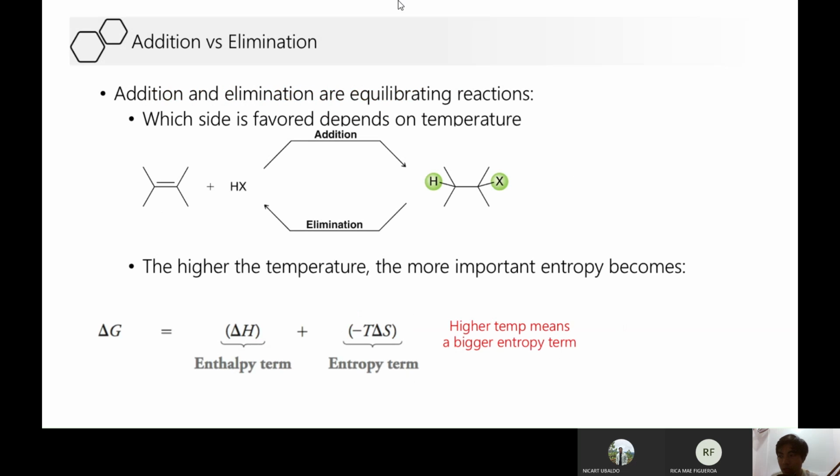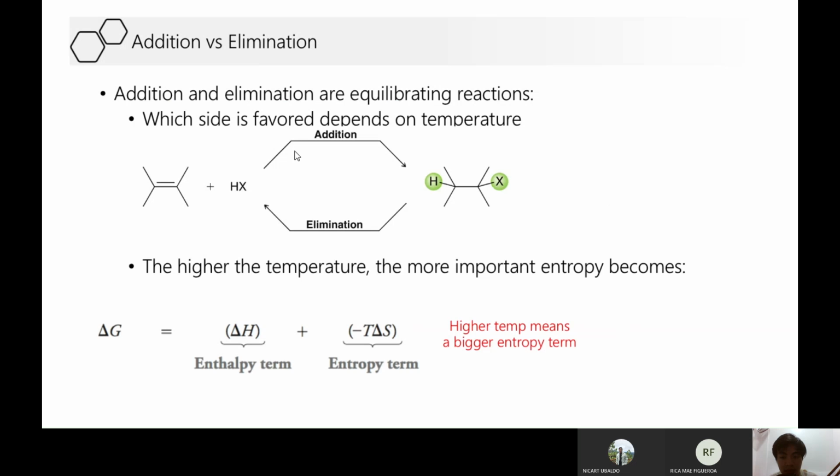Okay, depending on the condition of your experiment, no, of your setup, you can either have an addition reaction or elimination reaction. Pwede ito pumunta ng addition, pwede maging elimination reaction.